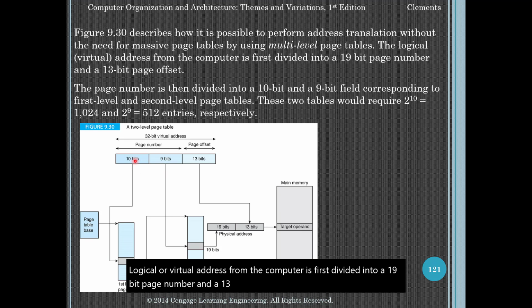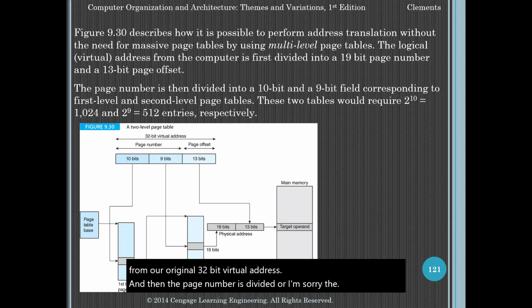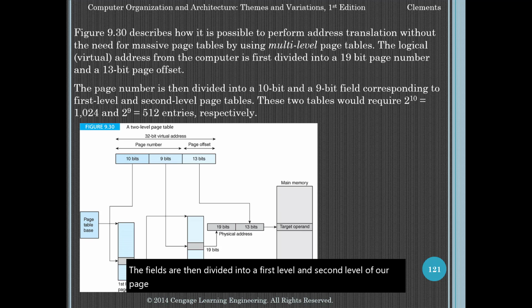So we can see 19 bits, 13 bits from our original 32-bit virtual address. And then the page number fields are divided into a first level and second level of our page tables. So we call these 2-level tables.